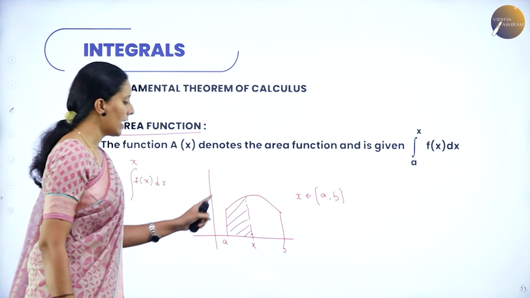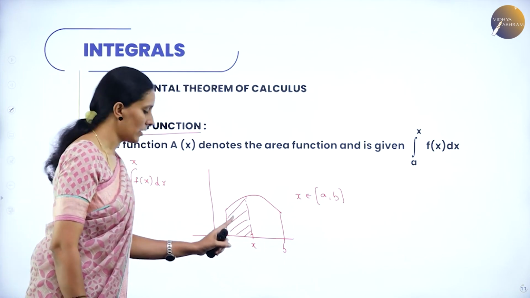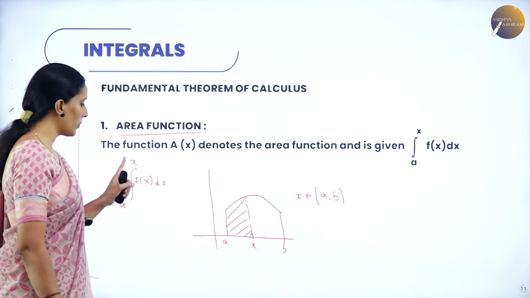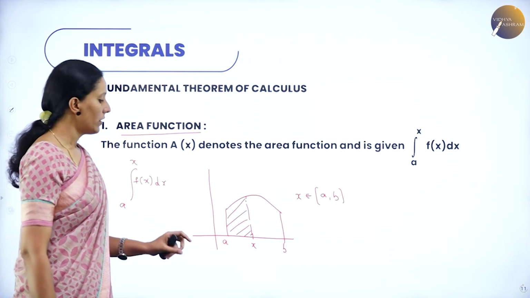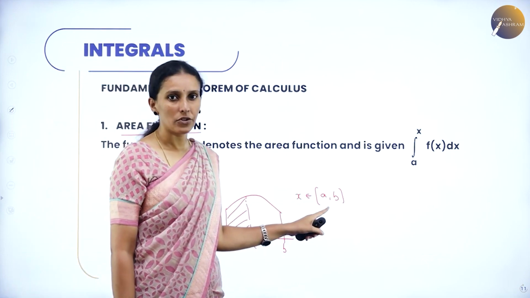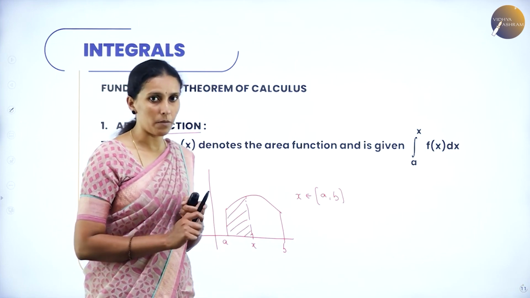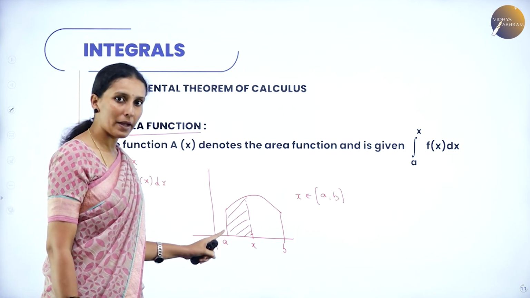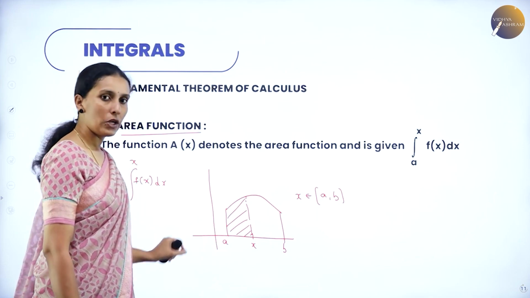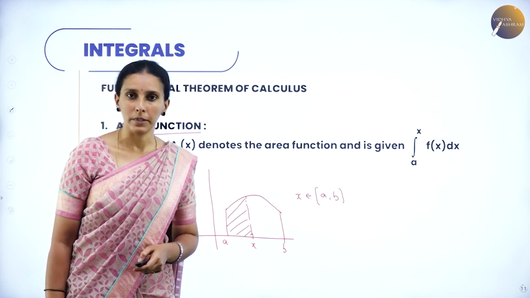It denotes the area from the interval a to x, which is called the area function, where x belongs to the closed interval a comma b. Thus, the area function is nothing but the area of the shaded region from a to x, where x belongs to the closed interval a comma b.